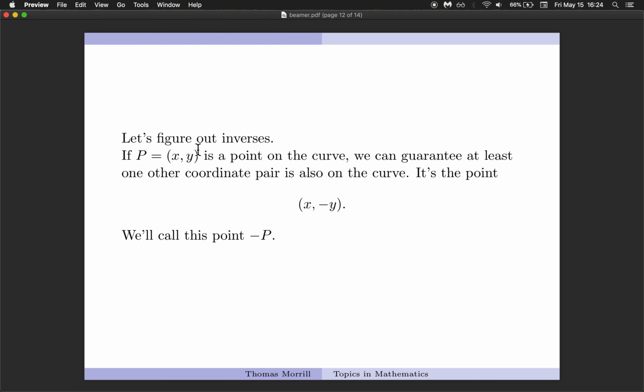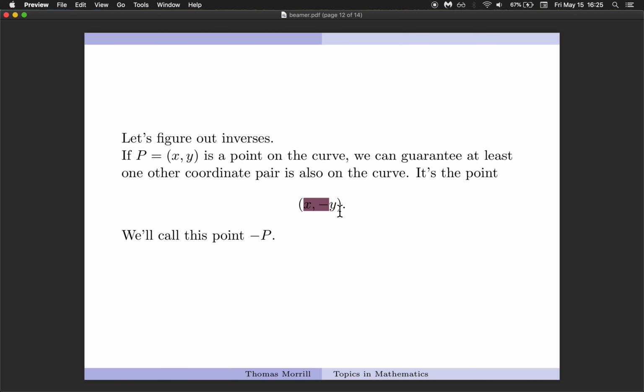So x and y solve my equation, y squared equals a cubic in x. Well, it happens that minus y squared, squaring a negative number, gets me the same thing, so these coordinates will also solve the equation, which means that these coordinates are also describing a point on the elliptic curve.